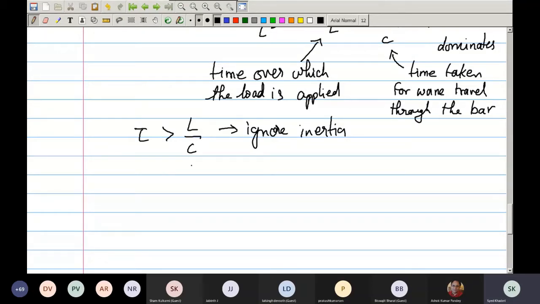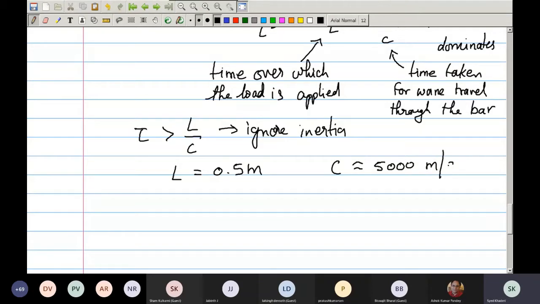Now what should be the typical time? Let us say you have a structure or a bar which has a length of half a meter, and the bar material is steel. The wave speed of steel is typically about 5,000 meters per second.